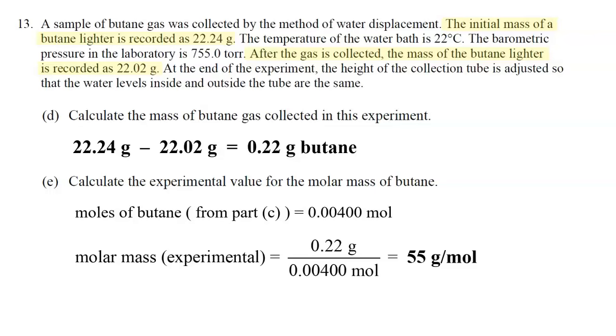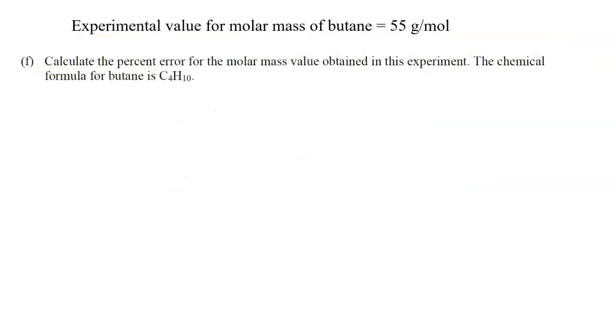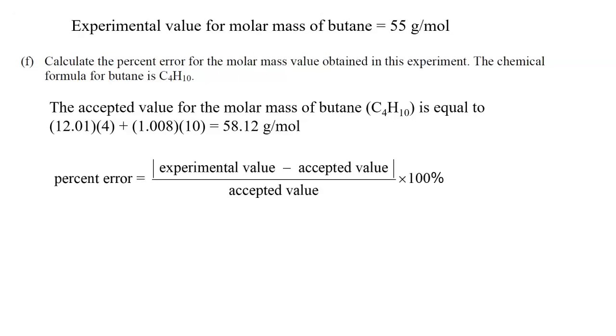Now, in part F of this question, we're going to calculate the percent error for the molar mass value that was obtained in this experiment. So the difference between the experimental value and the accepted value: the experimental value is the number that we got from the laboratory calculations, which is 55 grams per mole, and butane, C4H10, using the information on the periodic table, has an accepted value for the molar mass of 58.12.